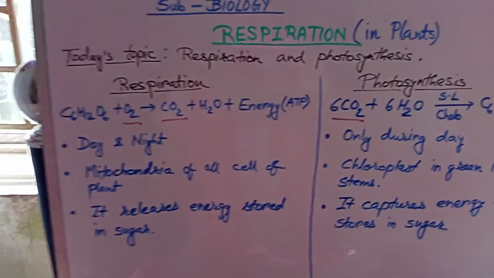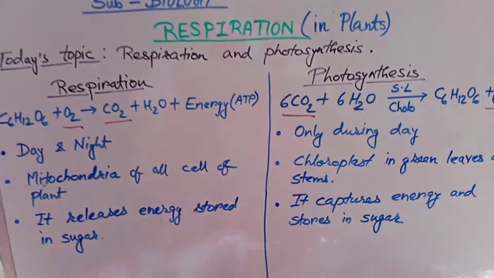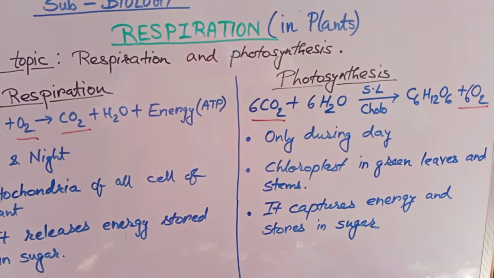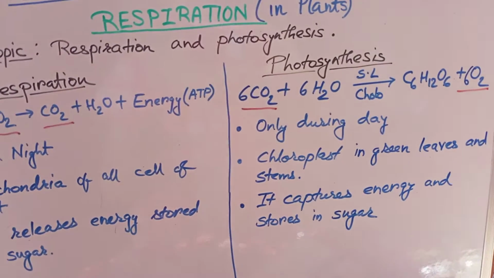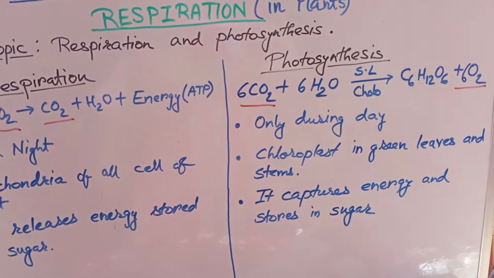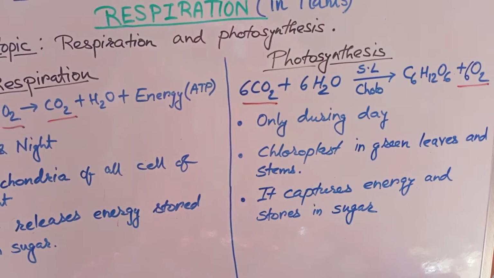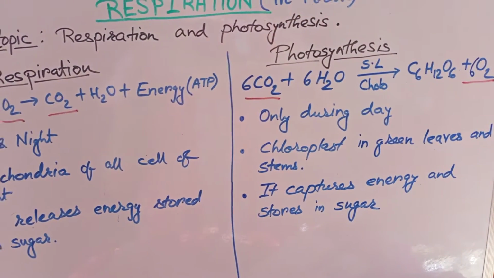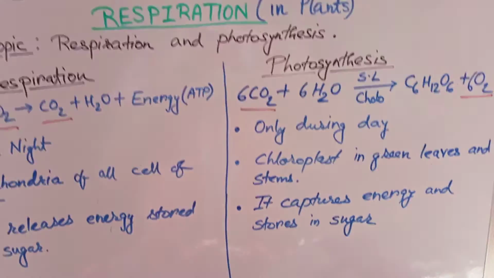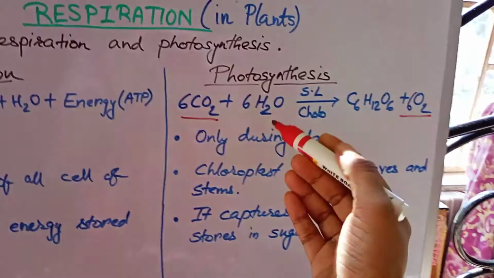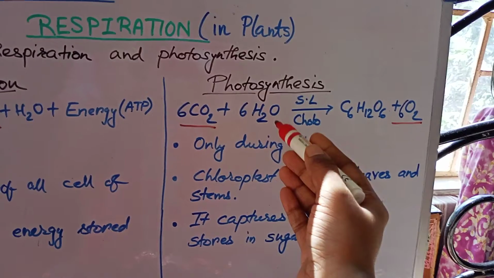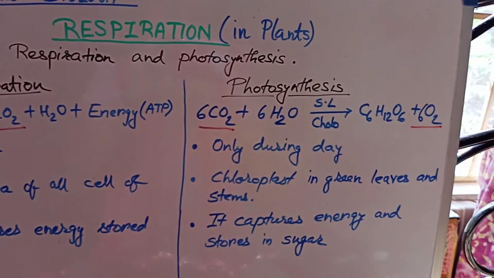Let's find out. Photosynthesis, as you know, is the process by which autotrophs, that means plants having the green colored pigment called chlorophyll, prepare their own food by taking up carbon dioxide and water from the atmosphere.